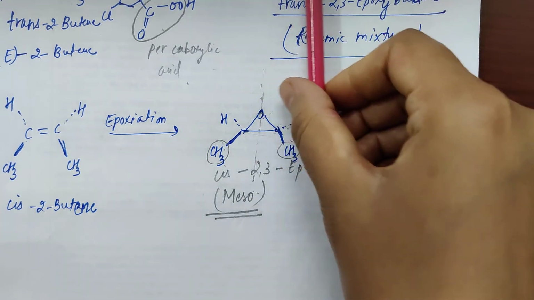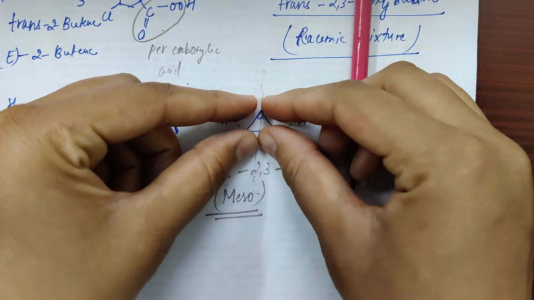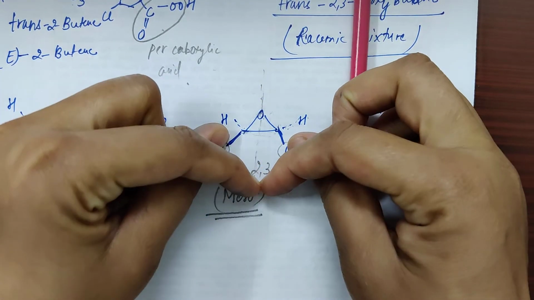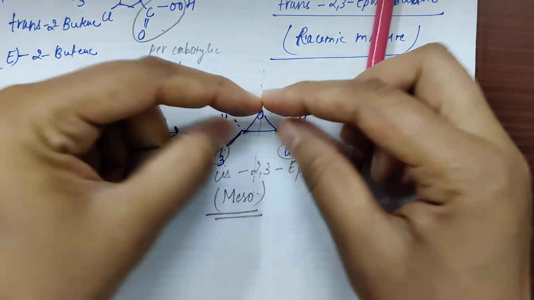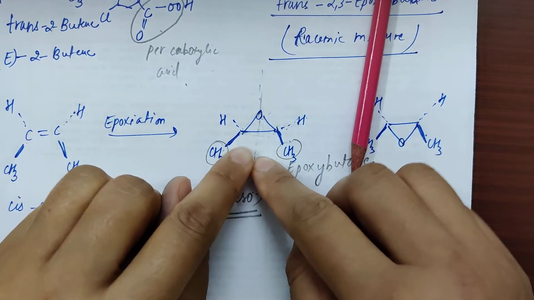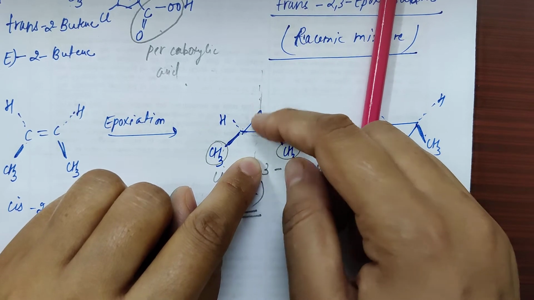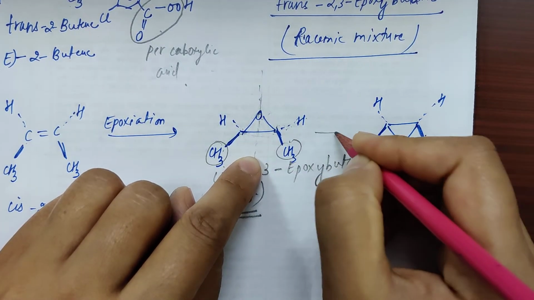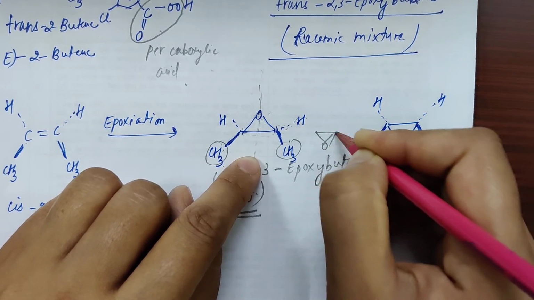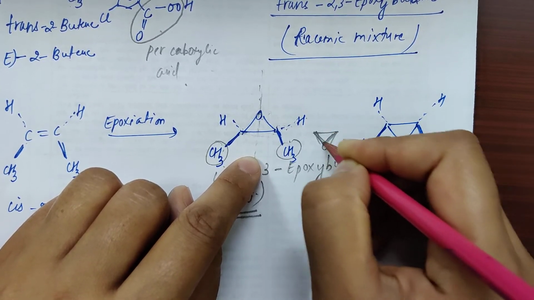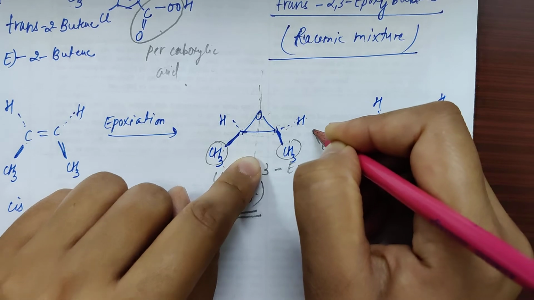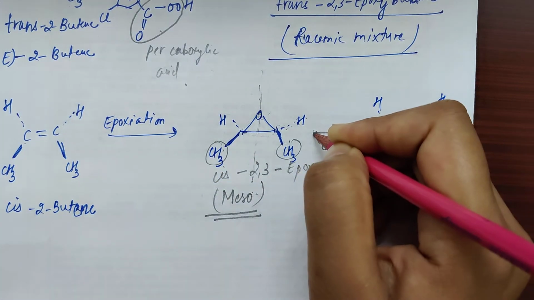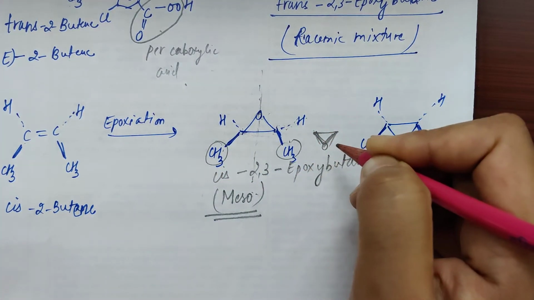If we hold this triangle and rotate it by 180 degrees, what will happen is it will flip and you will get something like this. But when we flip the triangle, the groups attached will also be flipped.